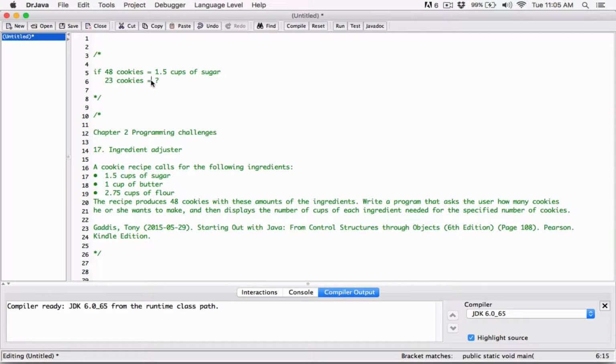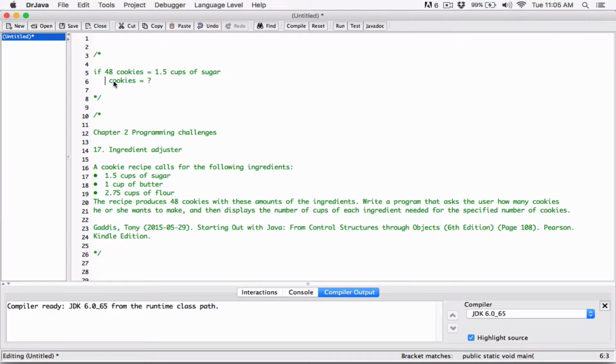And the way ratio and proportion works is this: if 23 cookies is going to give us less cups of sugar, then more divides. What I mean by more divides is the bigger number of these two, in this case 48, divides. And what I mean by divides is the bigger number, 48, goes under 23, and then you end up multiplying by 1.5.